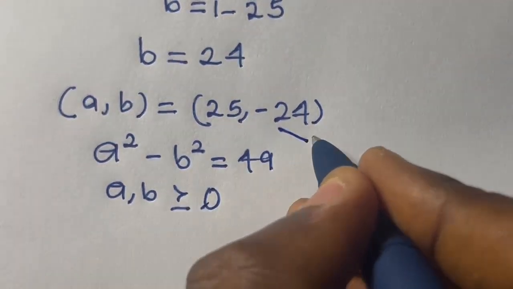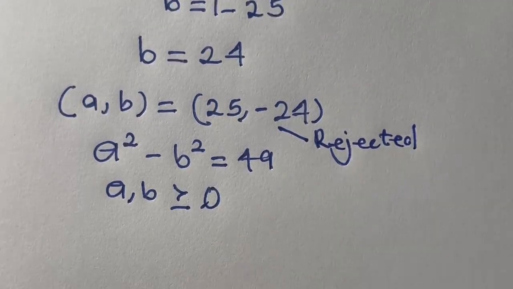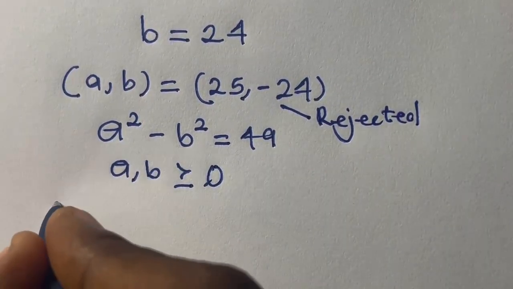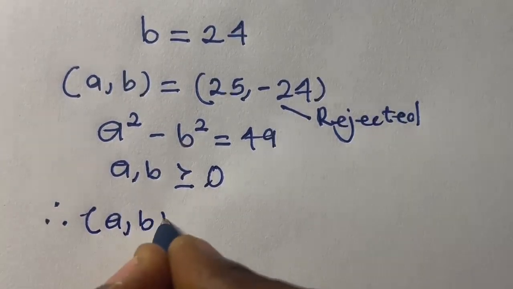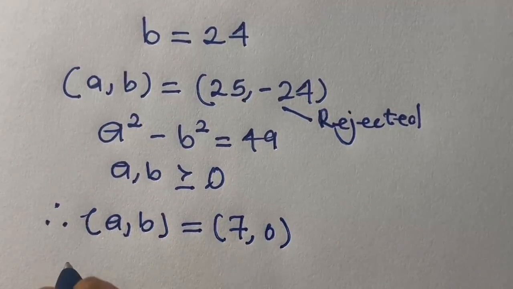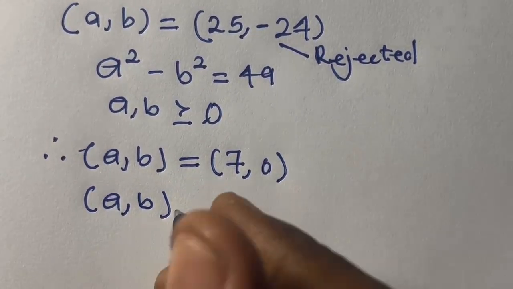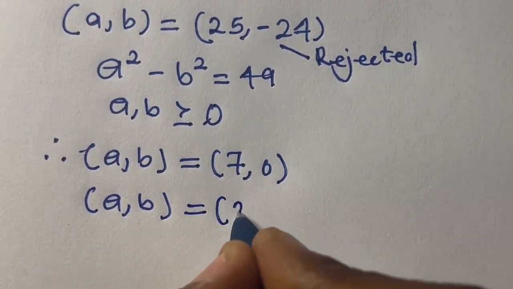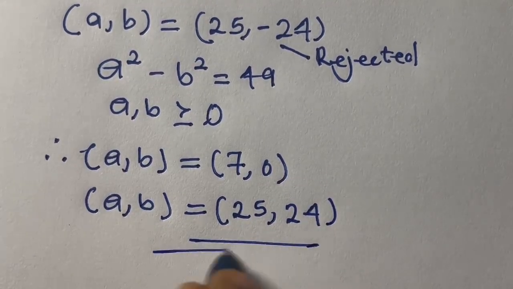So we will reject this. The real solution is therefore a comma b equals 7 comma 0, or a comma b equals 25 comma 24. So this is the final answer.